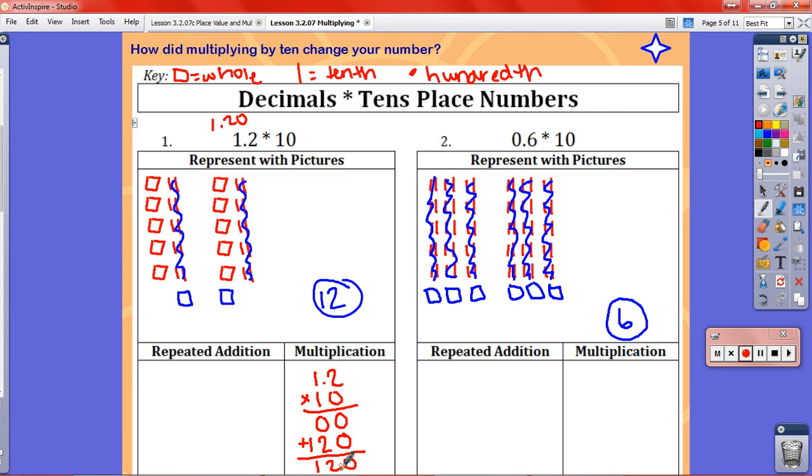So I have to add in a decimal place in the place that makes sense, and I get 12.0. Same thing here. 10 times 0.6. 0, 6. And I need a decimal point. So there we go. So you just get this thing happening where the decimal moves.